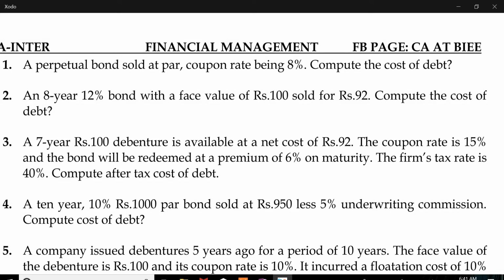Next, average funds employed equals redemption value plus net proceeds, by 2.